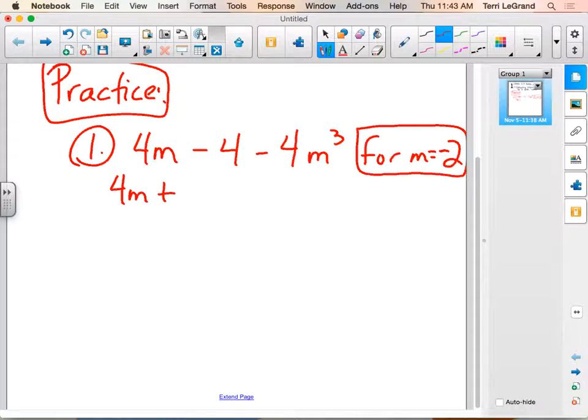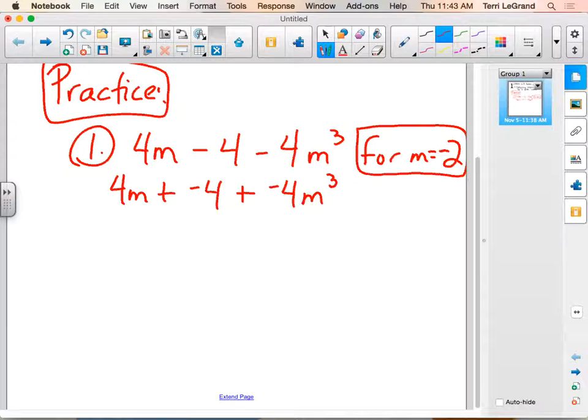So it's going to be 4m plus negative 4m cubed. Okay. Now we're ready to do our substitution step. If it said you had to put in standard form, you'd rearrange it. Could somebody tell me what standard form would look like?